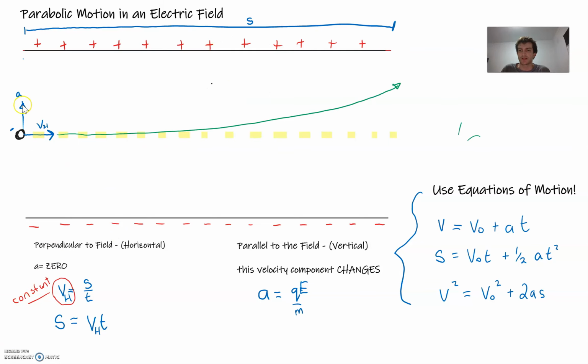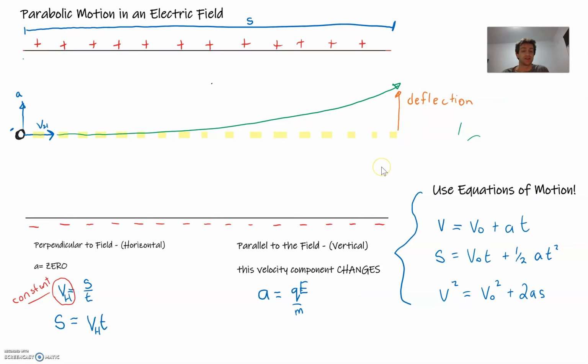So with the added acceleration, it's causing this deviation to the path that we can see here. And a question that you might get asked is about how does it deviate from its path originally, and we call that its deflection. One of the things you might be asked to do is to calculate how much this deflection actually is.